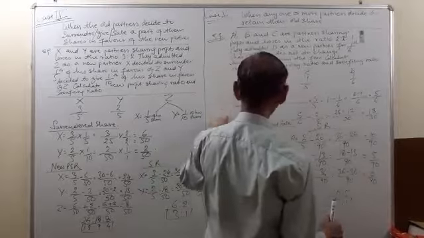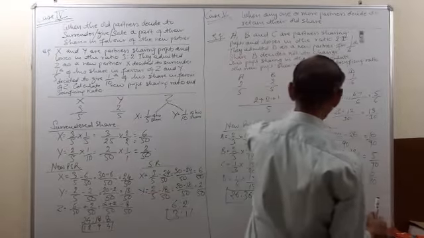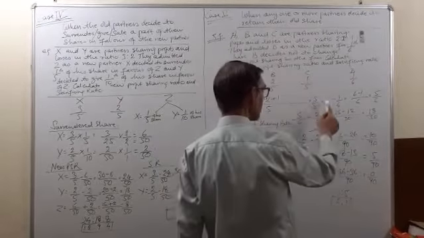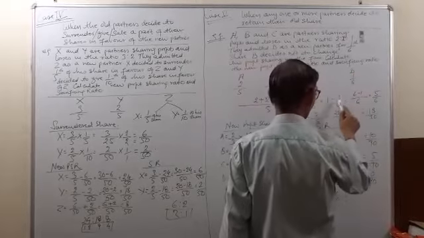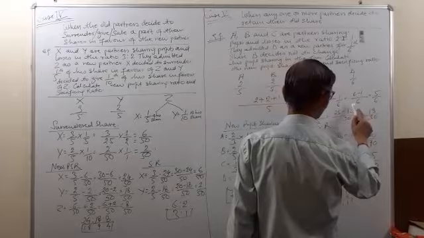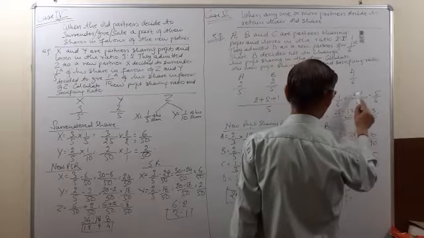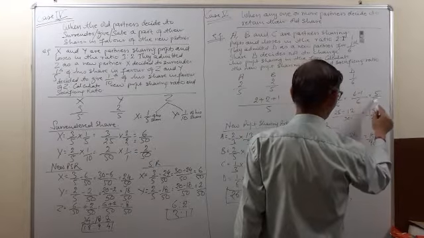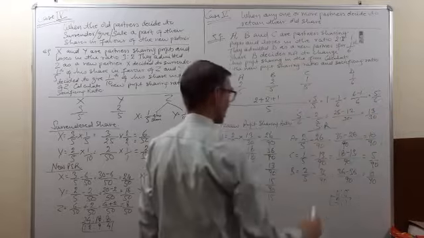The old firm's total share comes to 1. From this we will subtract the new partner's share, that is 1/6. So 6 will be the LCM. 6 minus 1 is equal to 5 by 6, the balance share left.